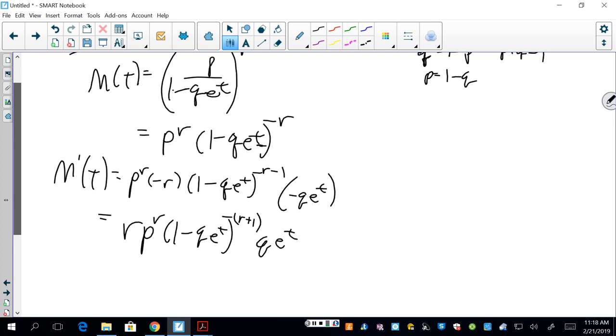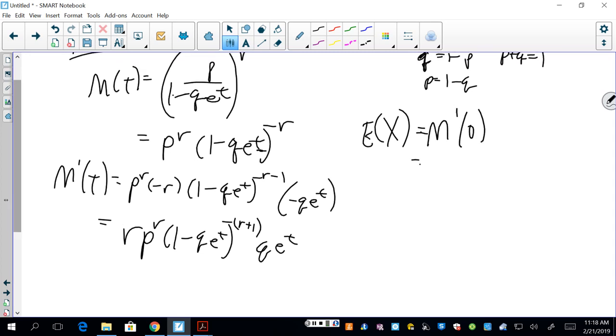So to get the mean, you can fill in t equals 0. And so e to the 0 is going to be 1. So effectively, that's going to kind of wipe out the e to the t's. So you end up with r, p to the r, 1 minus q times 1. And there's negative r plus 1. And then q.